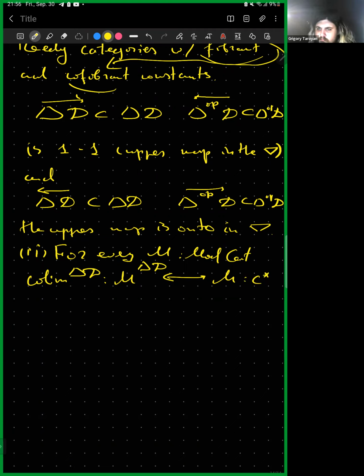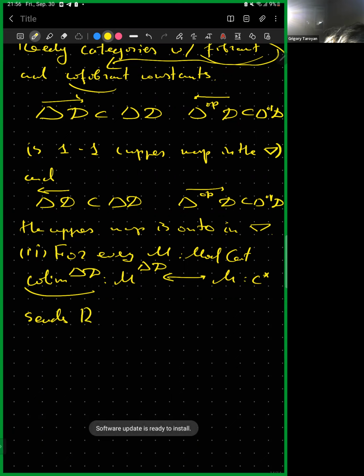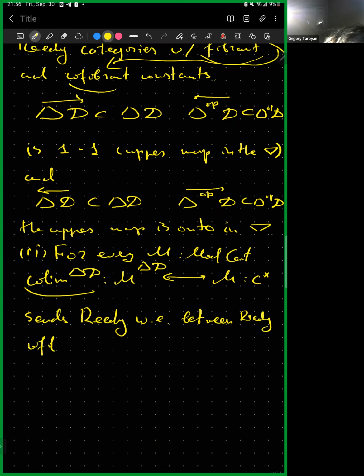And this functor of limit sends objectwise equivalences between objectwise cofibrant diagrams to weak equivalences between cofibrant objects.